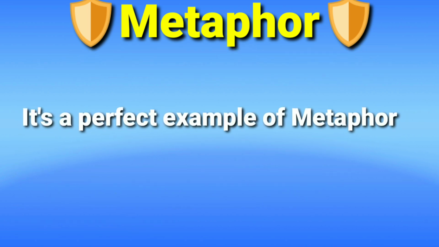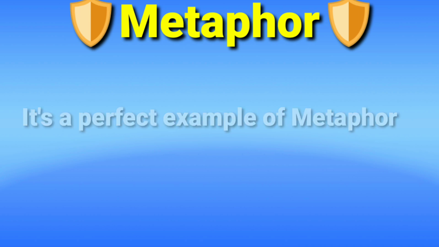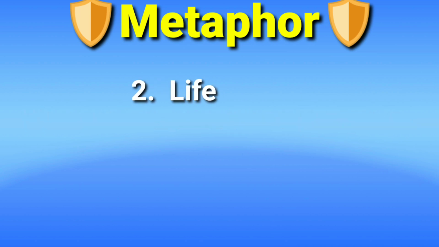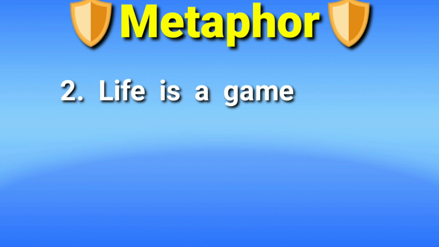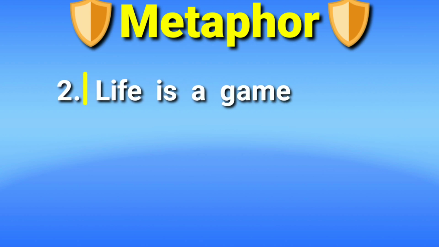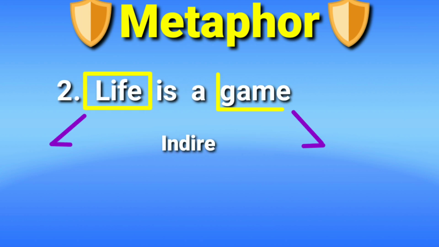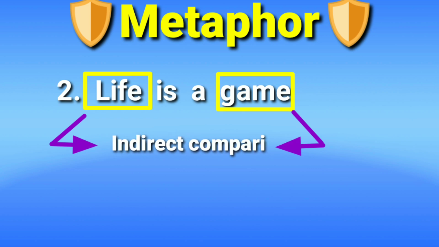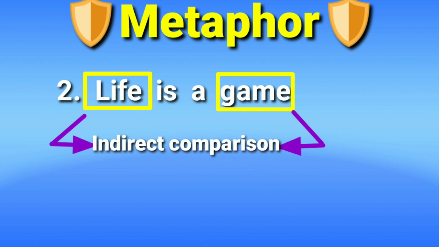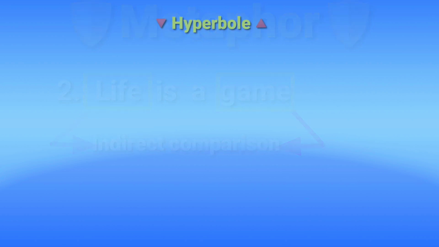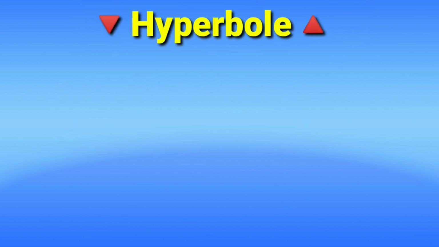Hence it is metaphor. Look at one more example. Life is a game. Here life is indirectly compared with a game, and for that comparison there is no use of the word like or as. Hence there is metaphor. Now let's move to the next figure of speech, hyperbole.